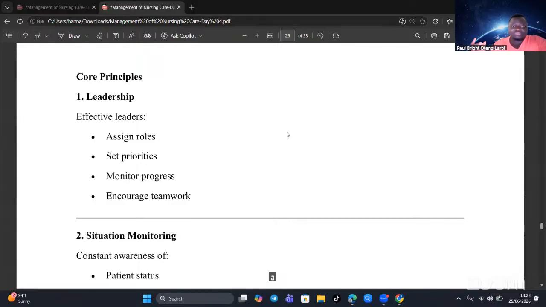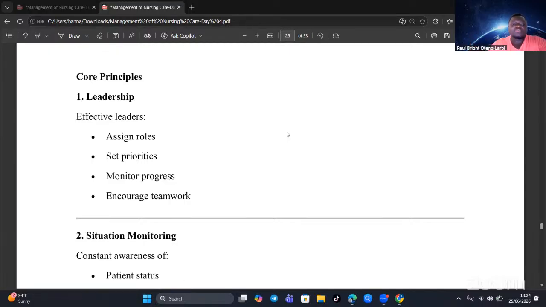A leader. It ensures leadership. Before we assign you as a leader of this team, your leadership should be very effective. The leader should assign the roles, set priorities, monitor progress, and encourage teamwork.